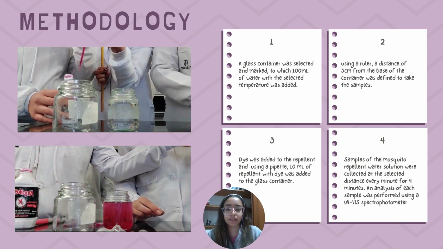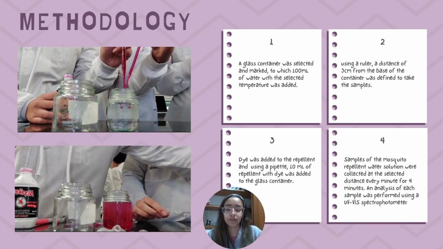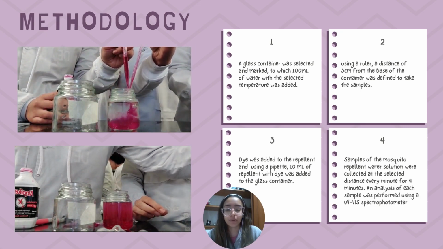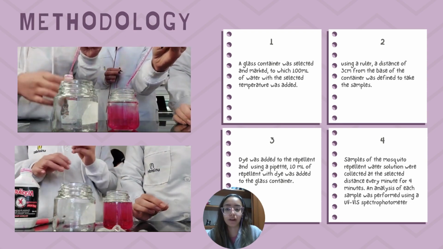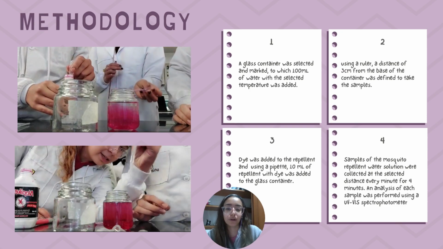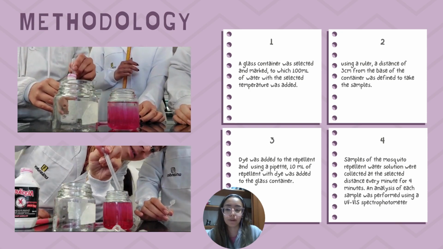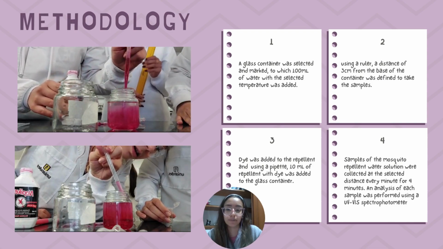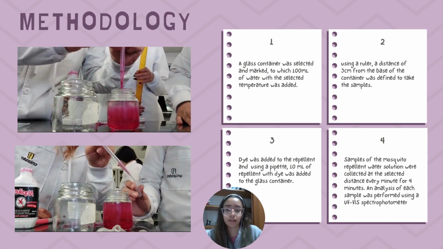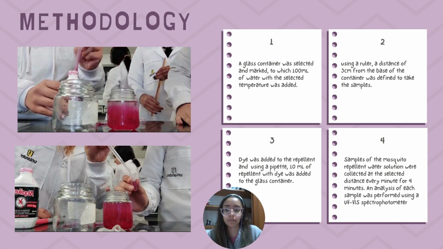After defining the water temperature at 10 degrees Celsius, a glass container was selected and marked, to which 100 milliliters of water at the selected temperature was added. Subsequently, using a ruler, a distance of 3 centimeters from the base of the container was defined to take the samples.